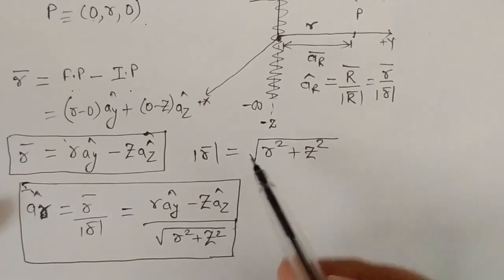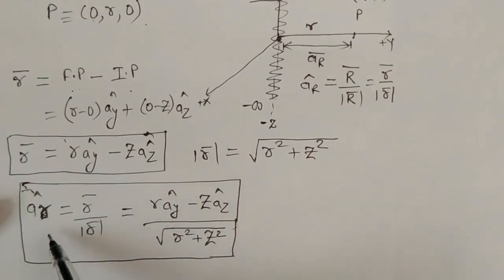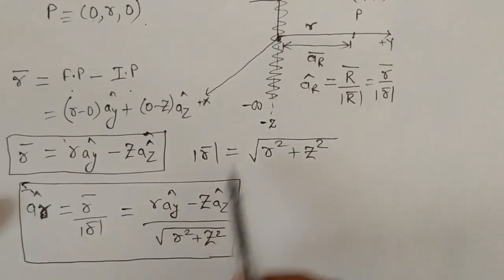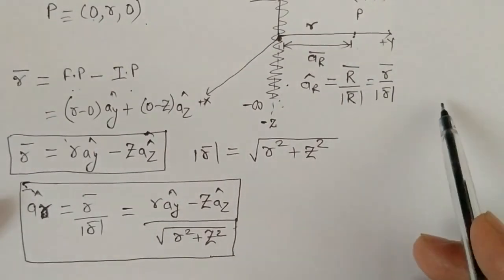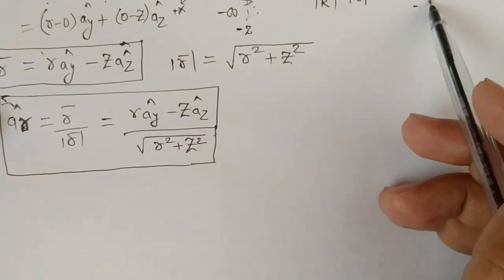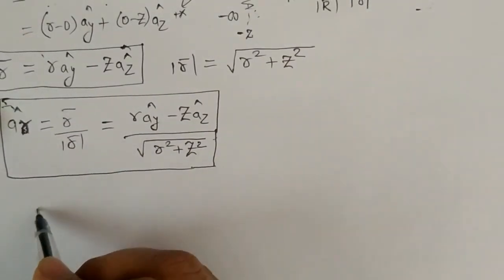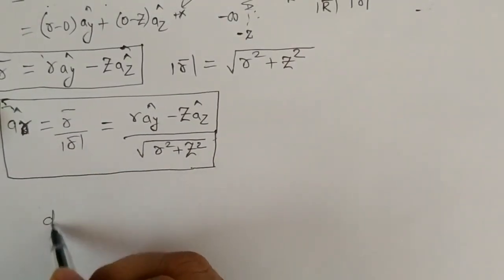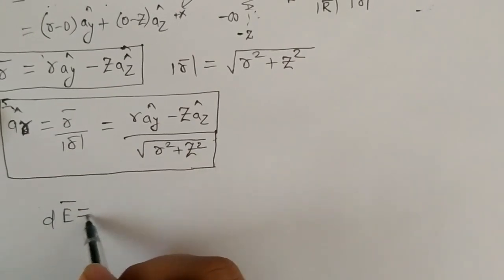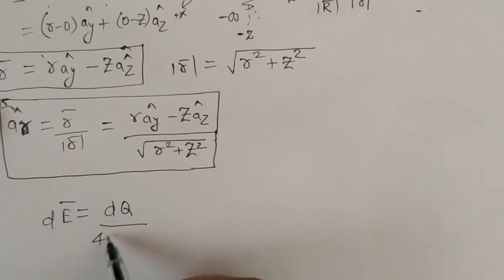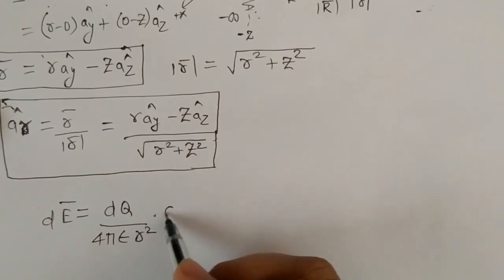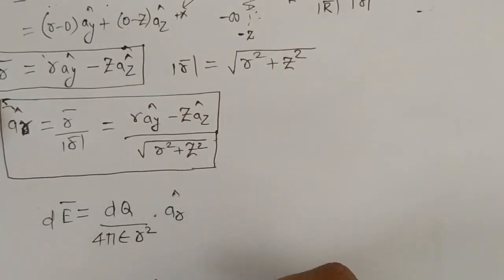Now we had calculated the value of r bar, we had calculated a_r bar. Now what we have to calculate? We have to calculate the electric field intensity due to this infinite line charge at a point P, and that is given by dE bar equal to dQ divided by 4 pi epsilon r square into a_r cap.